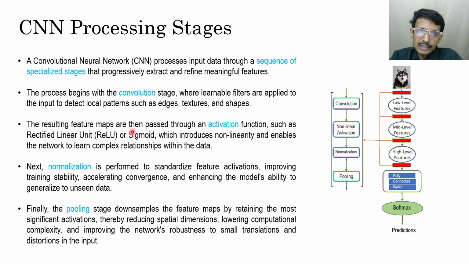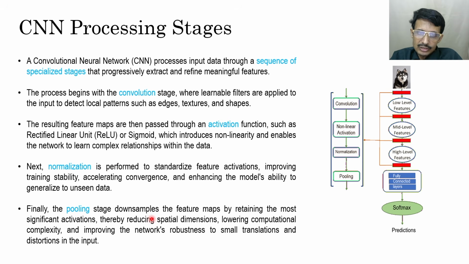The resulting feature maps pass to the activation function, which generally uses sigmoid, ReLU, and so on, and introduces nonlinearity, enabling the network to learn complex data. Then normalization, this contrast normalization, to standardize the feature activation, improving the training stability, accelerating convergence, and enhancing the model's ability to generalize. That we have also seen.